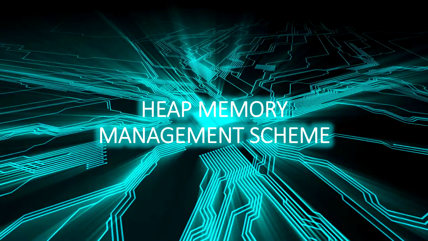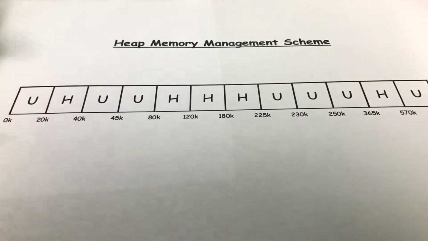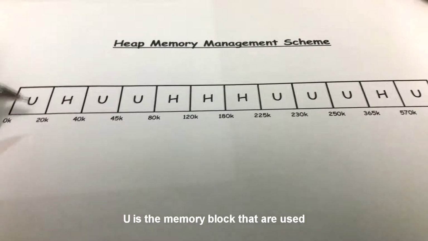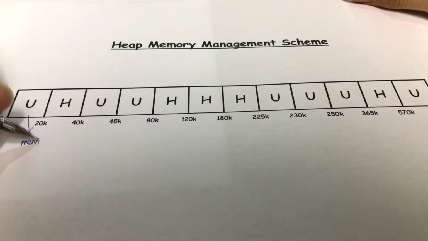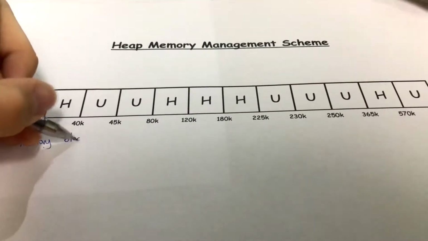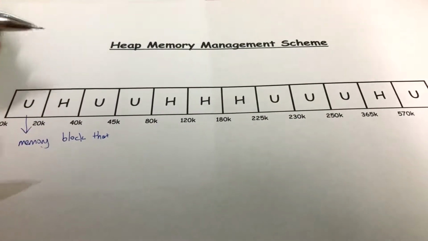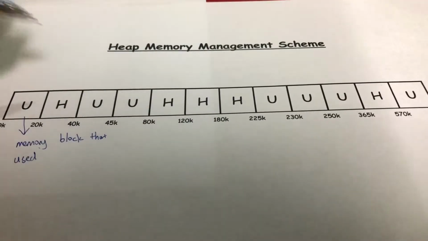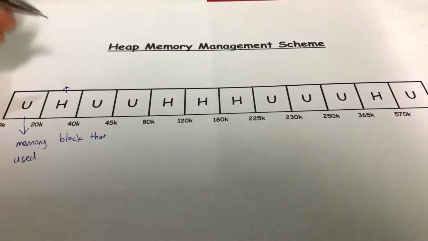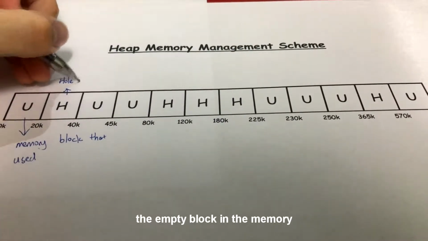Now, let's look at the heap memory management scheme. This rectangle is the main memory. U is the memory blocks that are used, and H is a hole, the empty block in the memory.